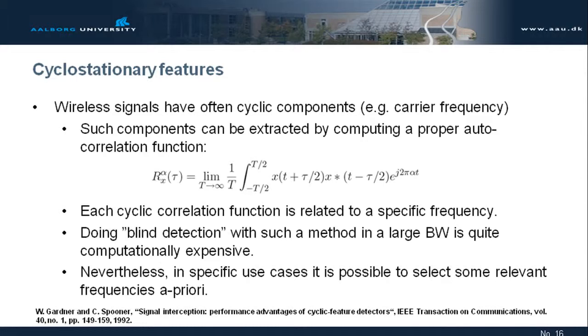In OFDM, you have a multiple set of carriers, but some of them could be moved up and down, especially in OFDMA, where you have multiple users and the power is variable and so on. So it's very, very difficult to pick up the right frequency you want to detect.